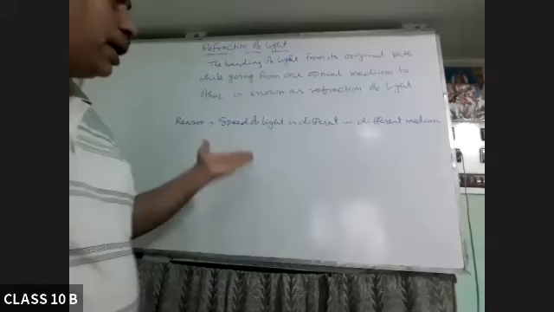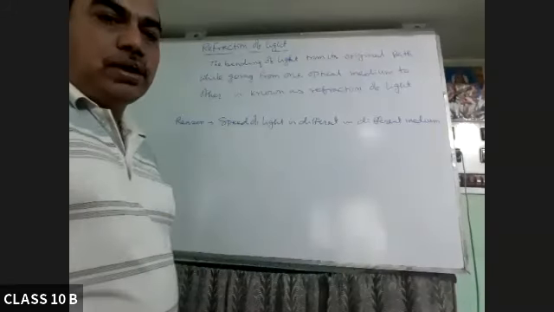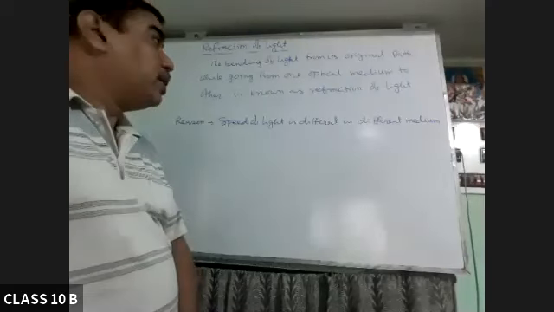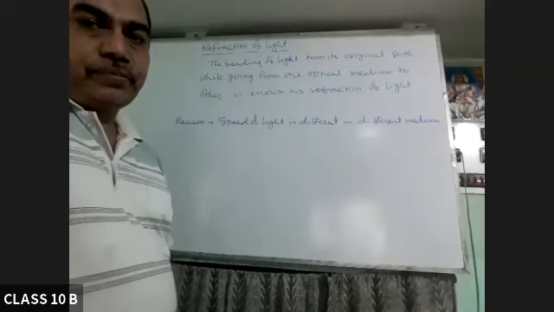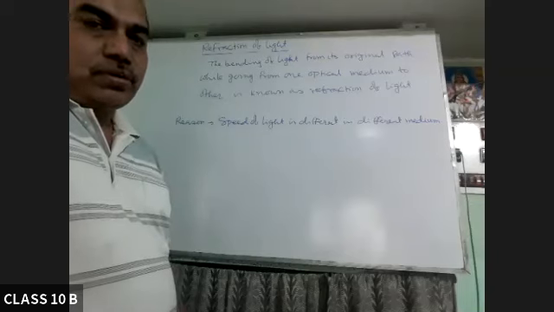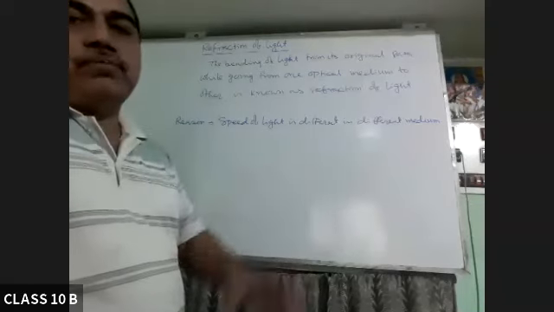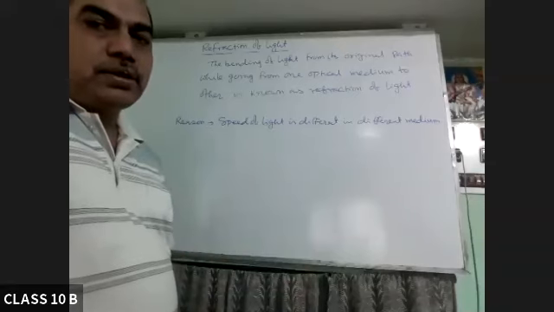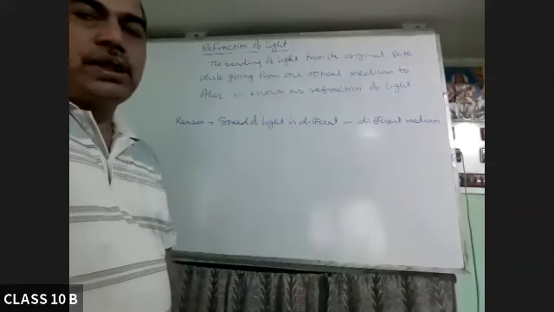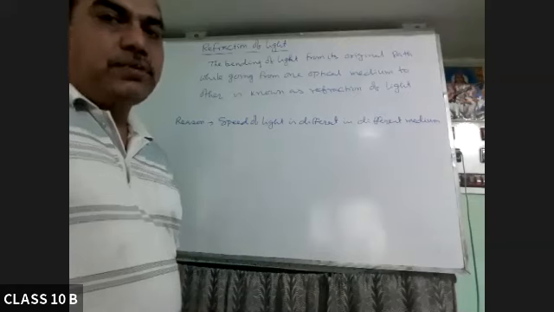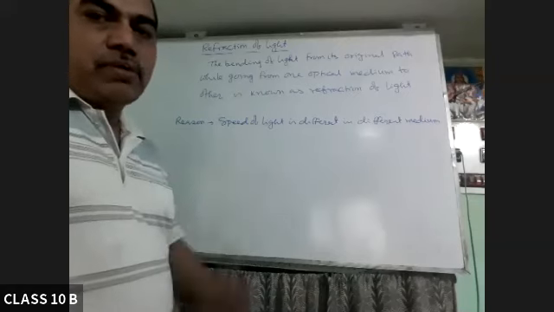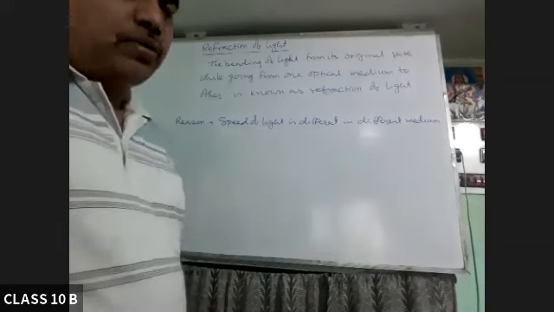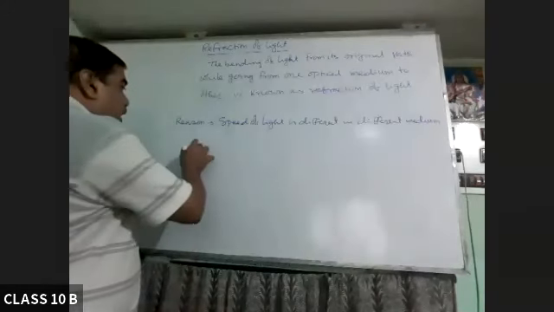So when light goes from one medium to other, sometimes we ask, what are the physical quantities that change? When light goes from one medium to other, its speed will change, its wavelength will change, its intensity will also change, the brightness of light will also change, because some of the light will always be absorbed.